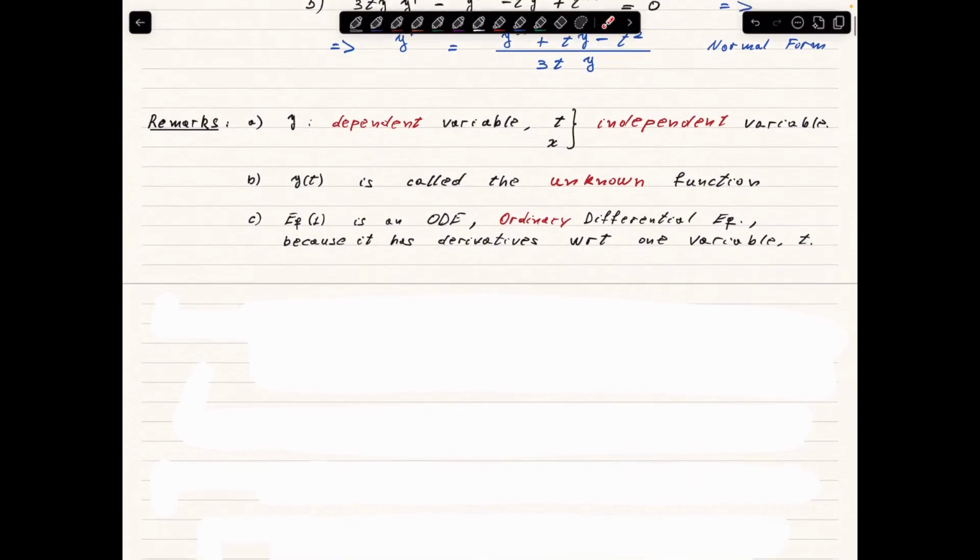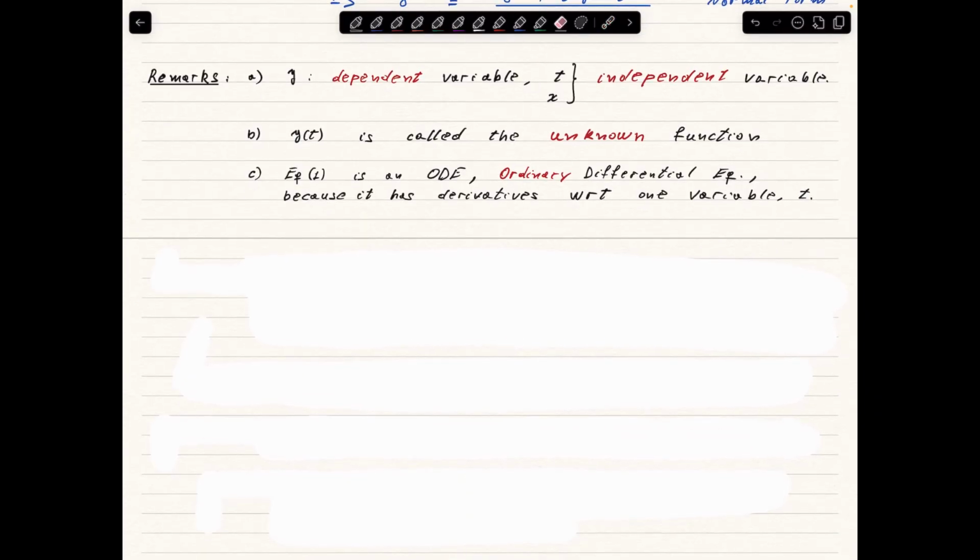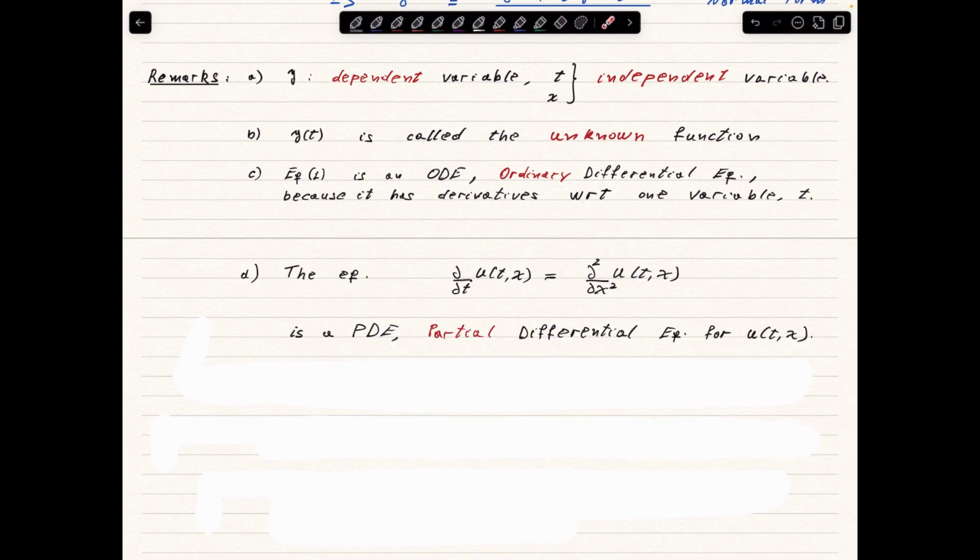There are more general differential equations called partial differential equations, or PDEs. These are differential equations for functions that depend on more than one variable, in this case time and position, and the partial derivatives with respect to both variables appear in the equation.